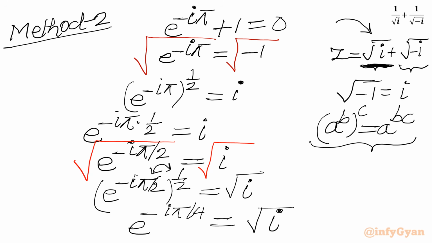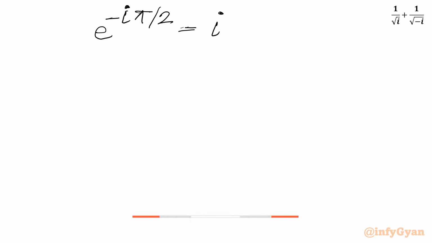Now the term √(-i). I will write e^(-iπ/2) = i. Now I will multiply both sides by negative 1, so I can write -e^(-iπ/2) = -i.